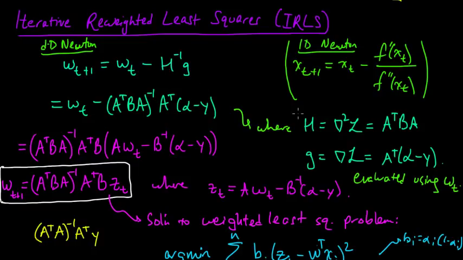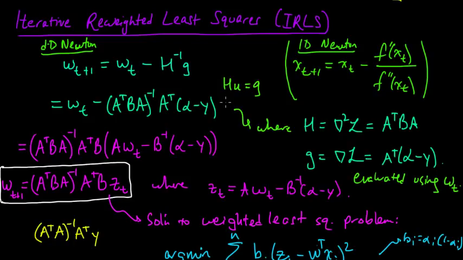Instead of inverting H directly, you might want to solve Hu equals g for u, and then use wt minus u, for better numerical stability and more efficiency.